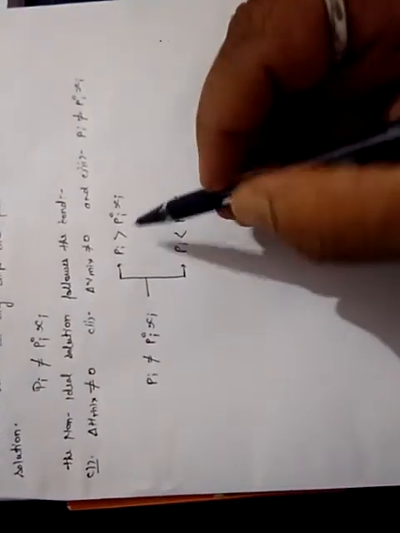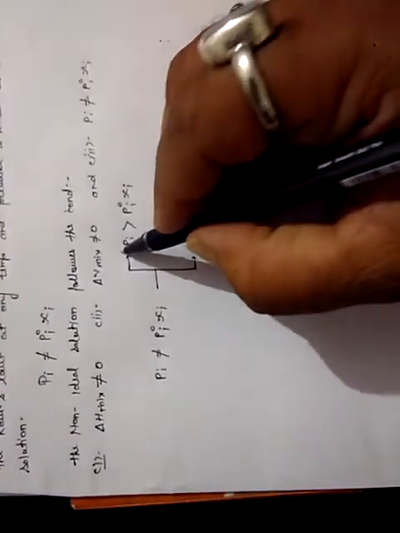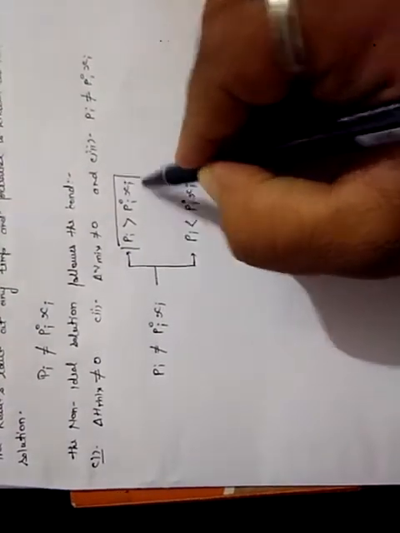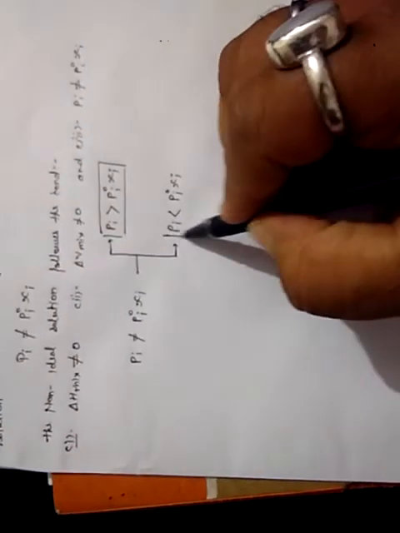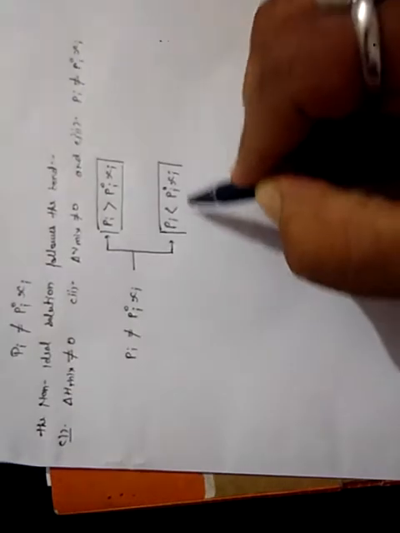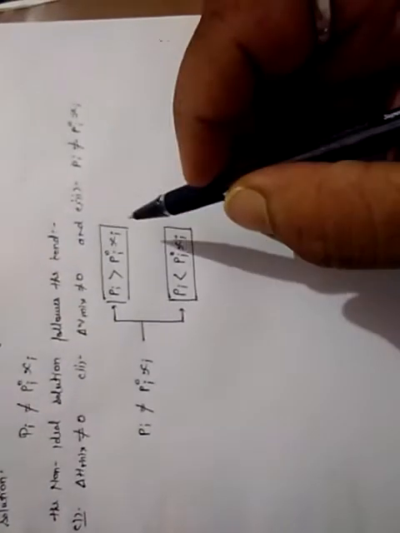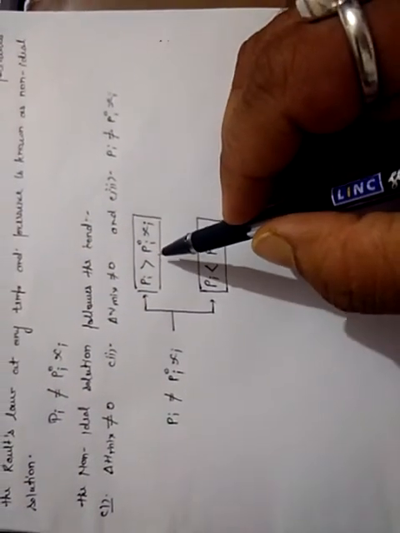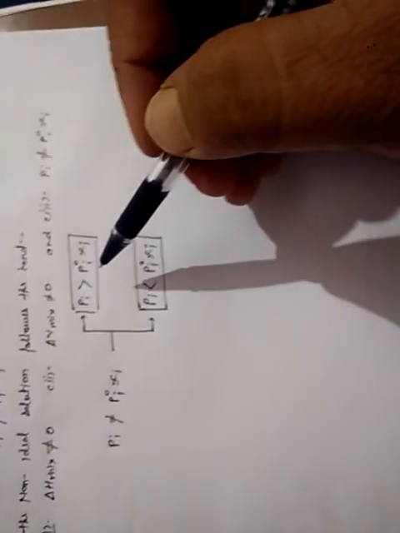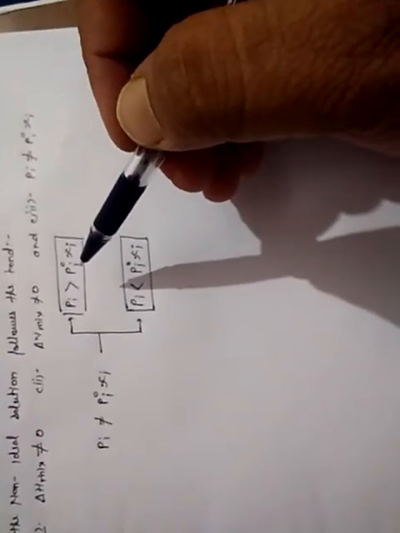Based upon these two conditions, a non-ideal solution is further divided into two types: positive deviation from Raoult's law and negative deviation from Raoult's law.